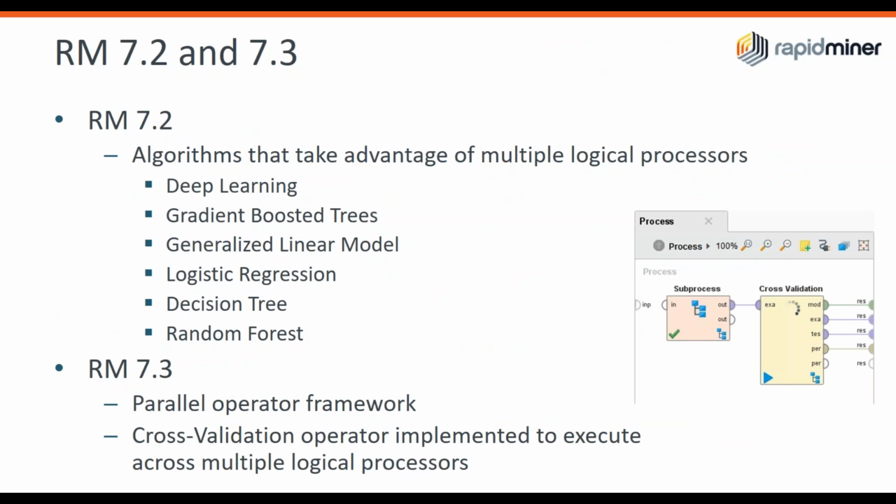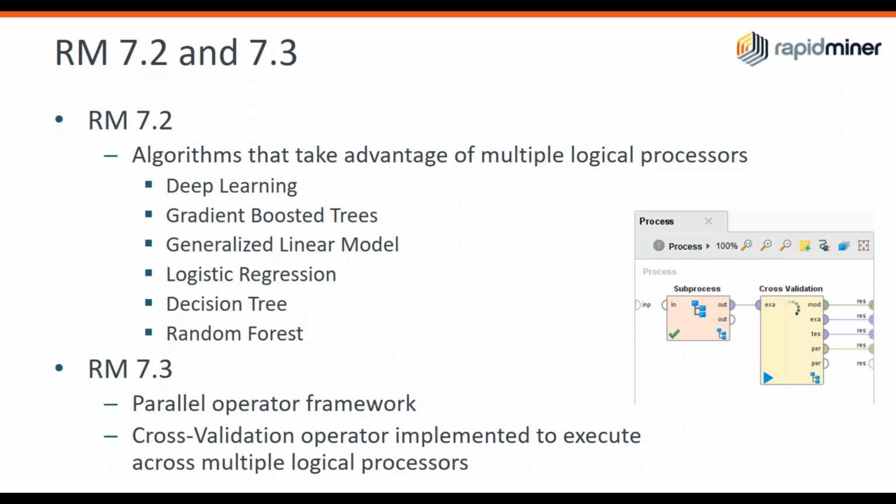So to look back a bit then, in RapidMiner version 7.2 and 7.3, we introduced a number of things that can use multiple logical processors or run in parallel, right? So a number of algorithms. The bottom two, the decision tree here and some random forest, we did a little bit earlier, but we also re-implemented them in the 7.2 here to be on our new parallel framework.